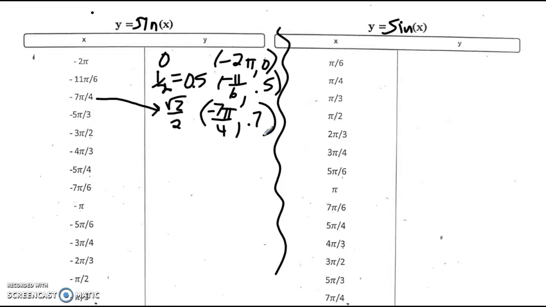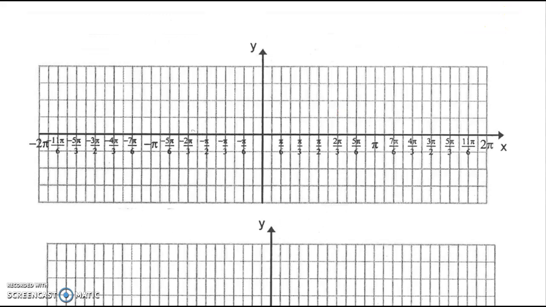Okay, so you're going to fill out this chart, and then you're going to go to your graph paper, which is this next sheet there. Okay, and you'll be able to put two graphs on here. So on the top one, let's put y equals sine of x. How come you don't have that? There we go.